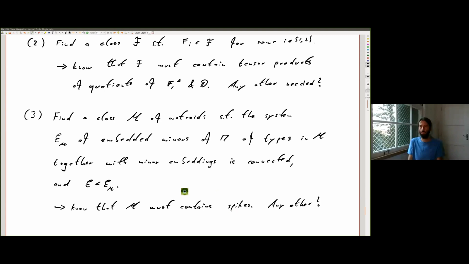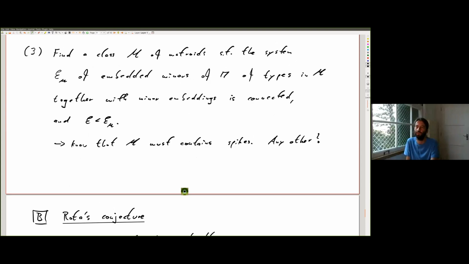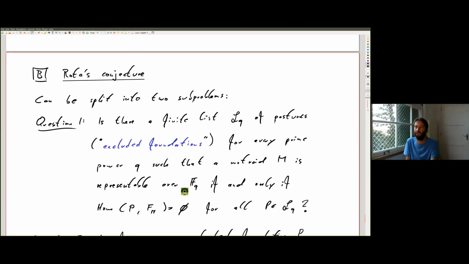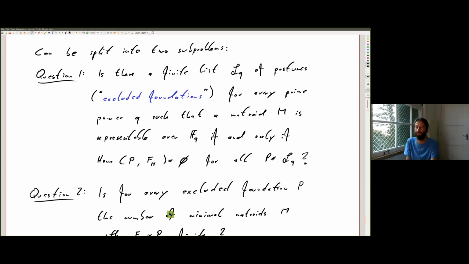Maybe I'm just selfish to spend one more minute on the second thing because it's just beautiful. We can split Rota's conjecture into two subproblems. First of all, we can look for excluded foundations for every finite field and hope that there's a finite list of excluded foundations. Excluded minors give a list of excluded foundations by taking all their foundations.